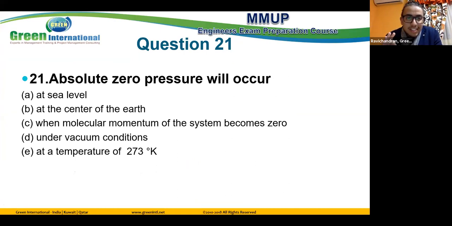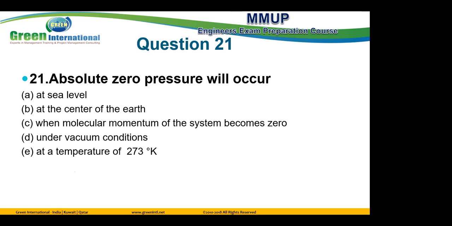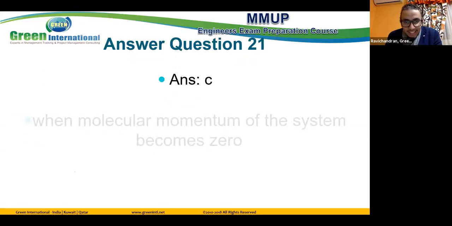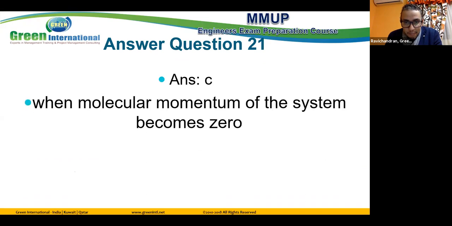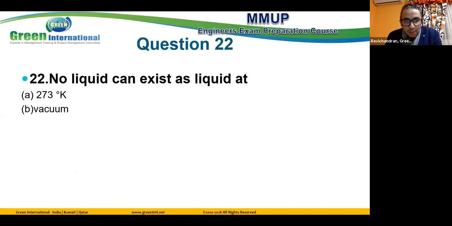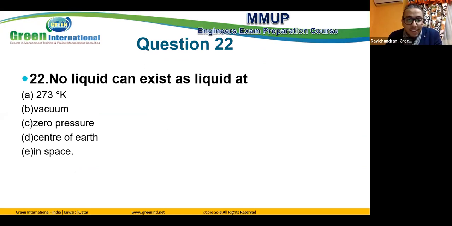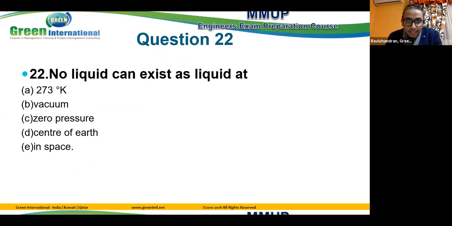The question is direct, zero pressure. It's not about... Oh, C: when molecular momentum of the system becomes zero. Okay. Exactly. No liquid can exist at zero pressure. Vacuum, zero pressure, nothing. Liquid can exist.